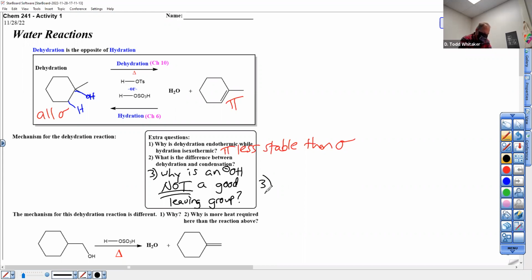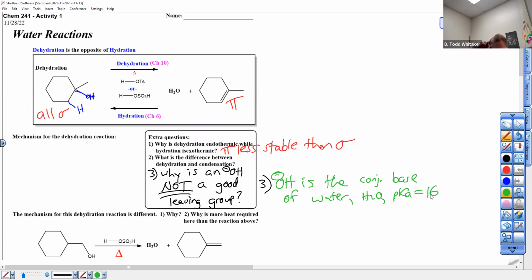Okay? Now, OH minus is the conjugate base of which acid? I'm writing this down. OH minus is the conjugate base of water, H2O. pKa equals what for water? 16.